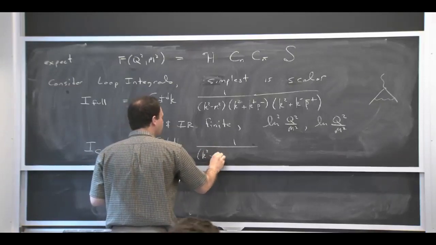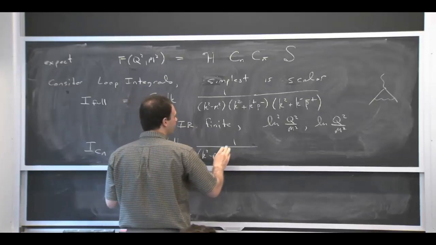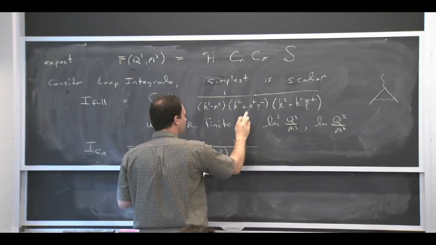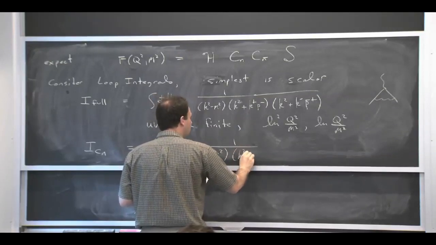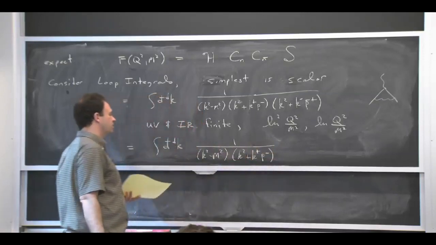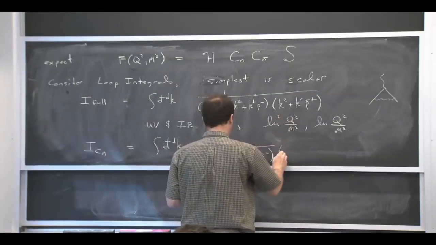But the denominators do change. And so if we took the n collinear, then this guy doesn't change, because that's just like saying p minus and k minus are of the same size. But this guy does change.